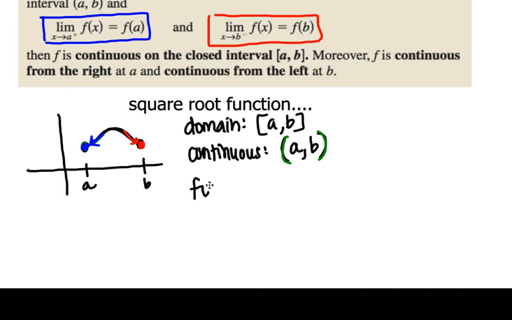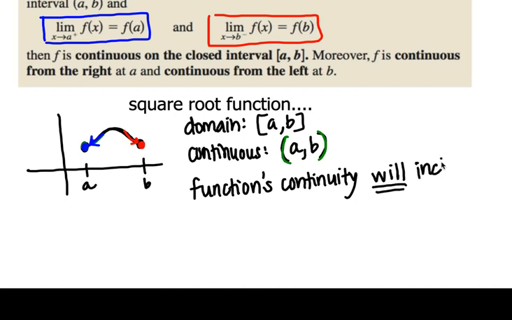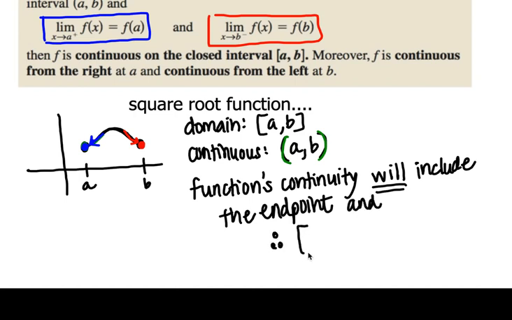We're going to say the function's continuity will include the endpoint. For this given situation, the function's continuity will include the endpoint and therefore will be A to B.